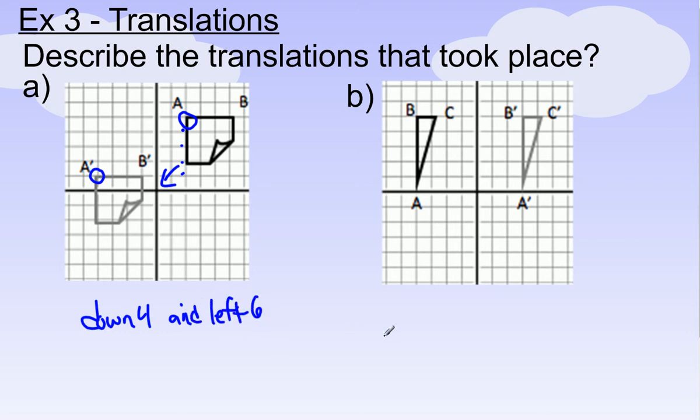That is the translation that took place. And if you checked every single point on the two shapes, they should be the same. If I go down 4 and over left 6 from here, I should be placed here. And every other point would be the same.